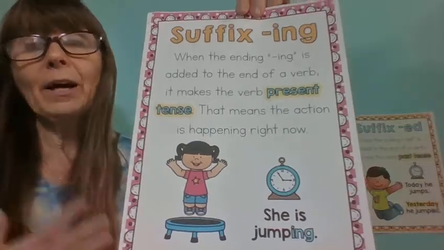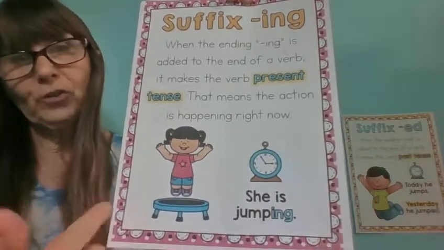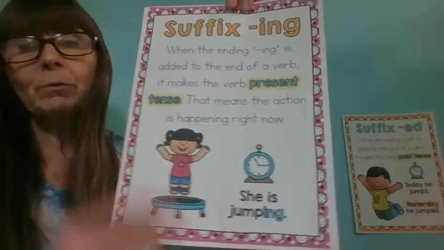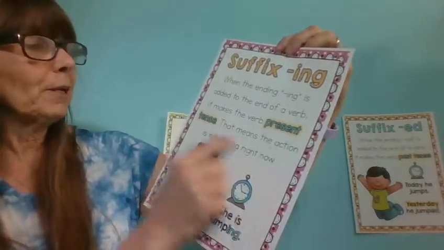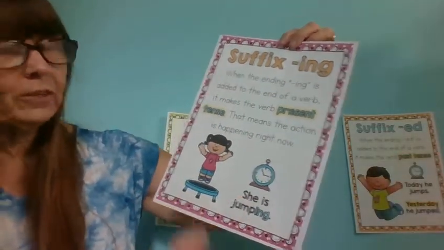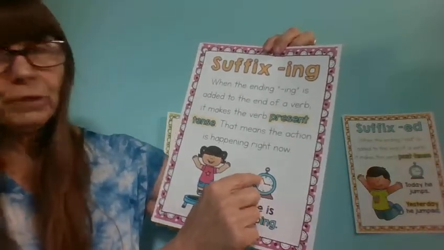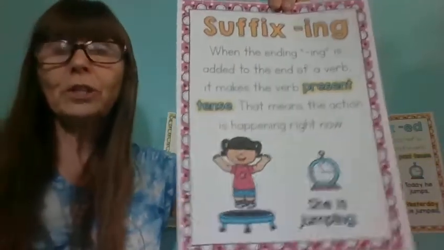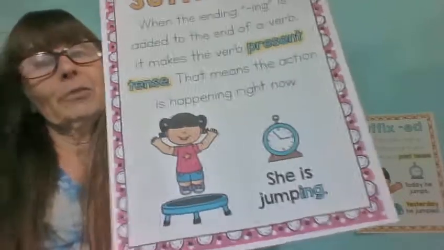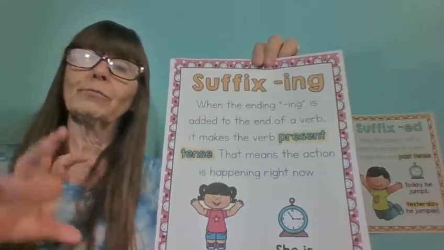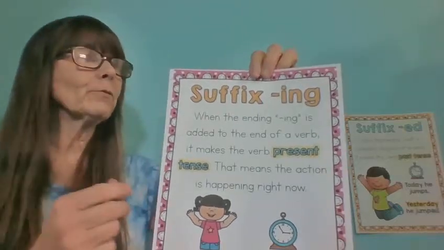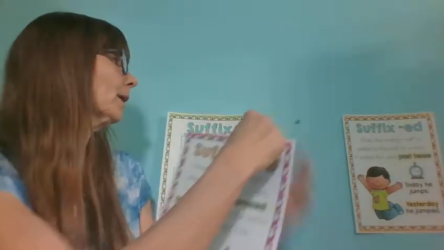So if I add ing to a word, in this case jumping, that means right now she's jumping up and down. That means the action is happening right now. She is jumping at 2:55 or 5 minutes of 3. She is jumping. So ing changes the meaning of the word from just being a plain old verb to being a verb that's happening right now.